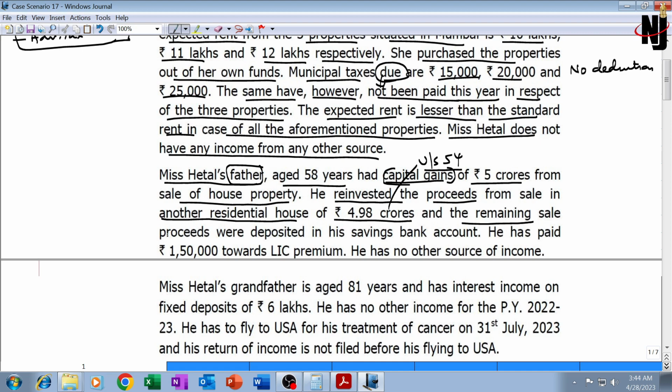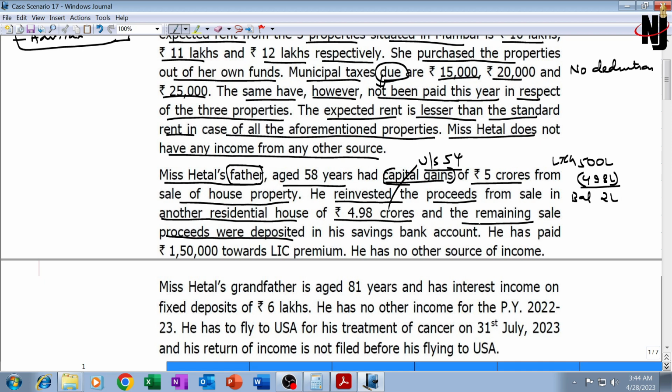And the remaining sale proceeds were deposited. How much will be remaining sale proceeds? 2 lakh rupees out of 500 lakh or 5 crore. 4 crore 98 lakhs is the investment made. LTCG is 5 crore, and under section 54, 4 crore 98 lakh will be the exemption. 2 lakh rupee will be the balance taxable.